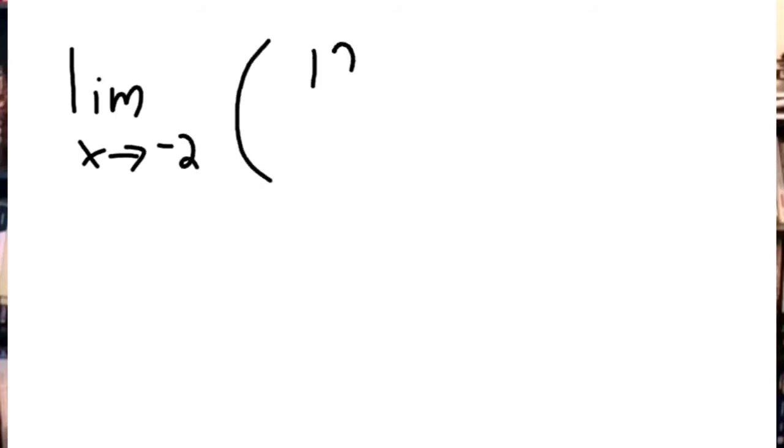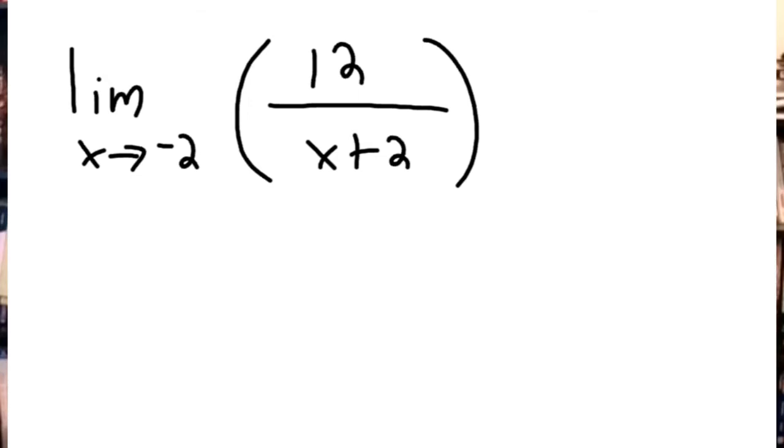Okay, the next example is the limit as x goes to negative 2 of 12 over x plus 2. So again, for these type of problems, the first thing we'll try to do is plug in the value for x to see if we get a number.